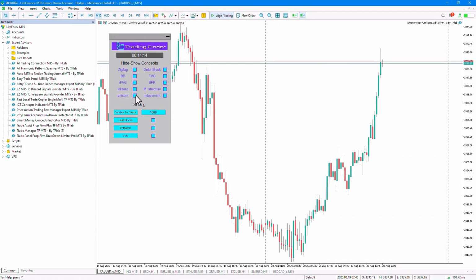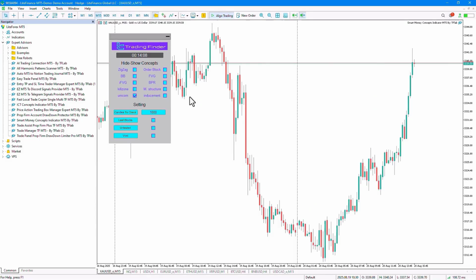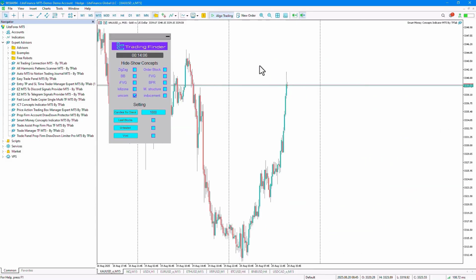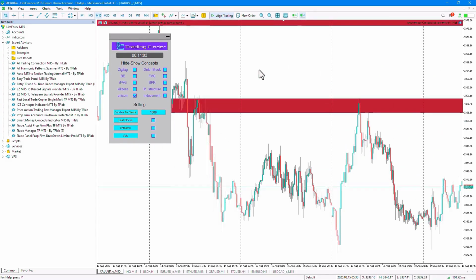The next significant mode is considered the unicorn mode, and by simply enabling this section, the expert advisor will immediately start identifying and precisely drawing the distinctive unicorn pattern on the price chart.